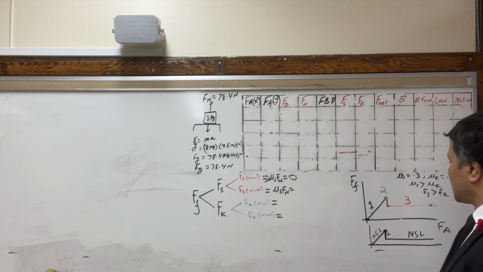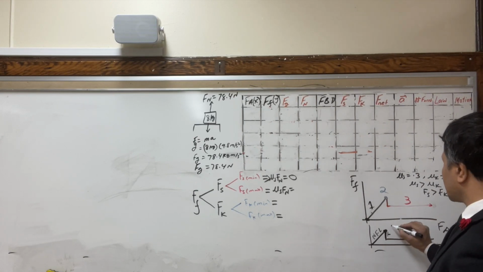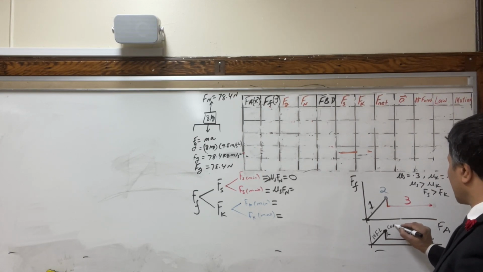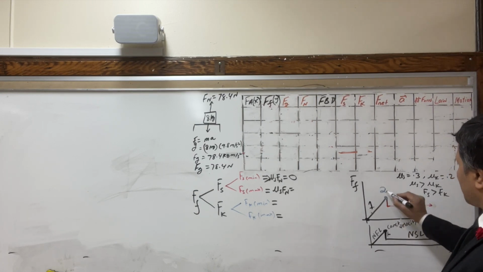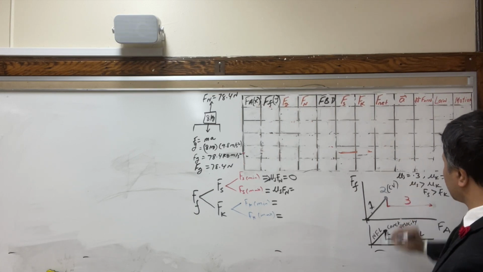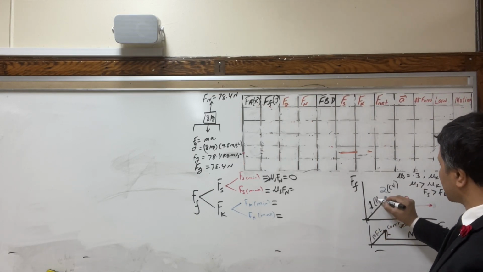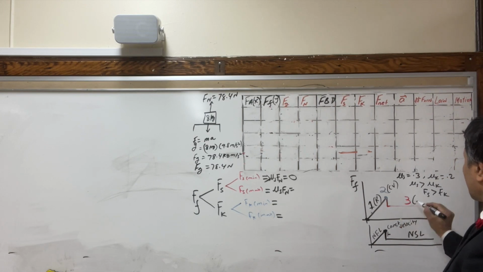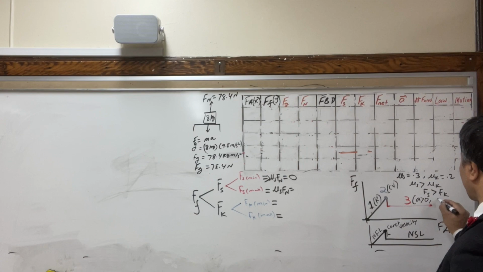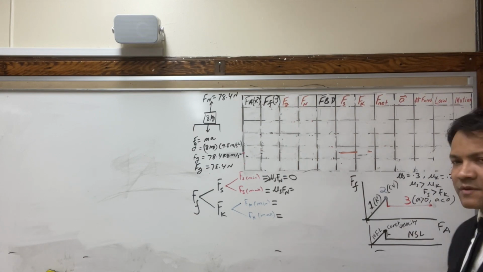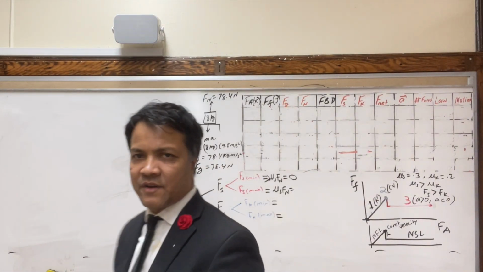This peak is constant velocity. So this location 2 is constant velocity. At location 1, the object is at rest. At location 3, acceleration is greater than 0 or less than 0, doesn't matter. The object is accelerating.